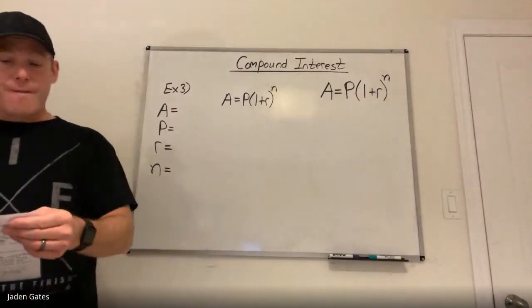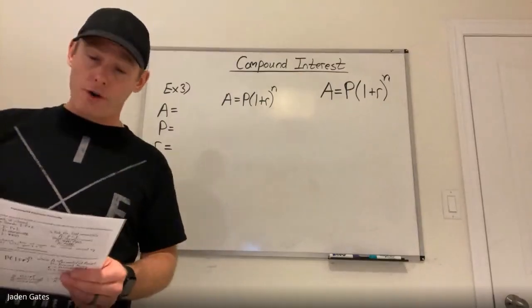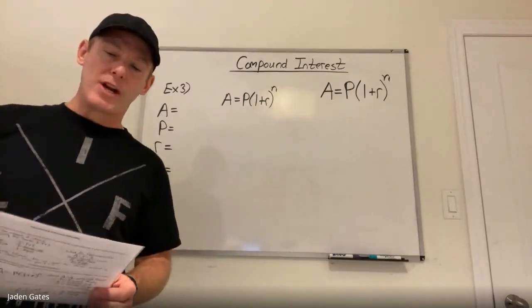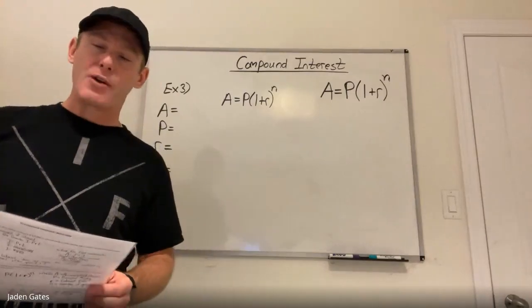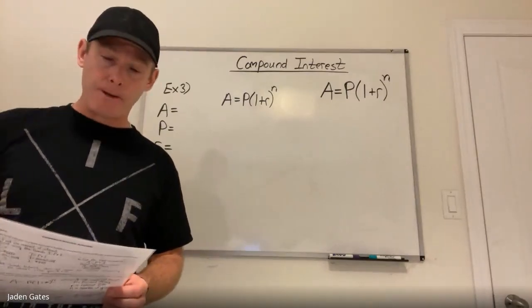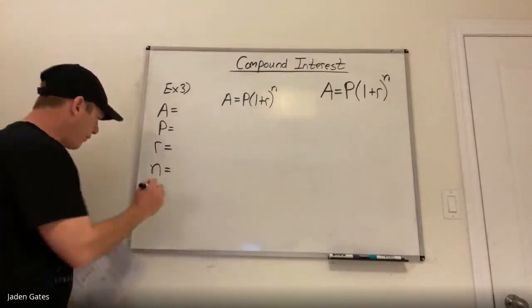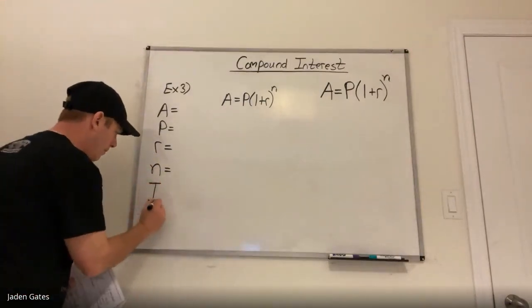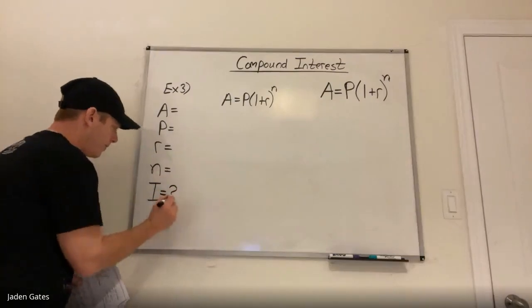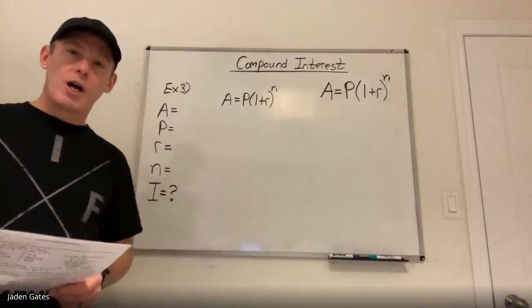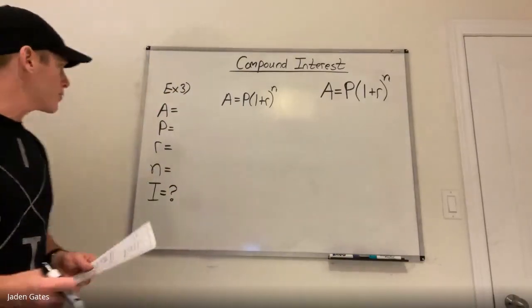All right, so now we get the situation. It says, find the amount of interest earned if $5,000 is invested at a rate of 15% compounded annually for 6 years. All right, so we're finding the amount of interest. We're looking for this. But what do we have? We do know that we are investing $5,000.